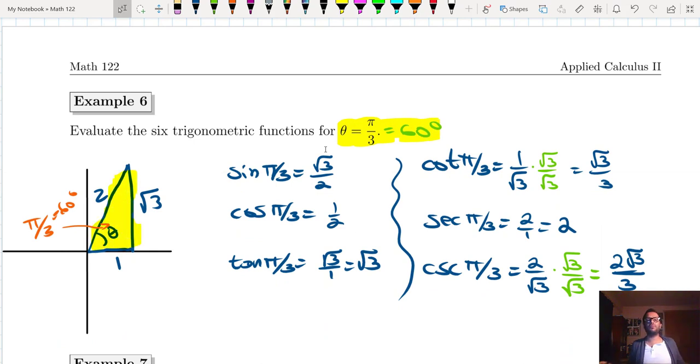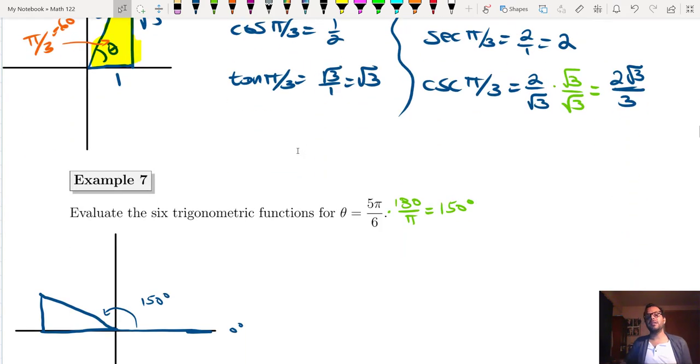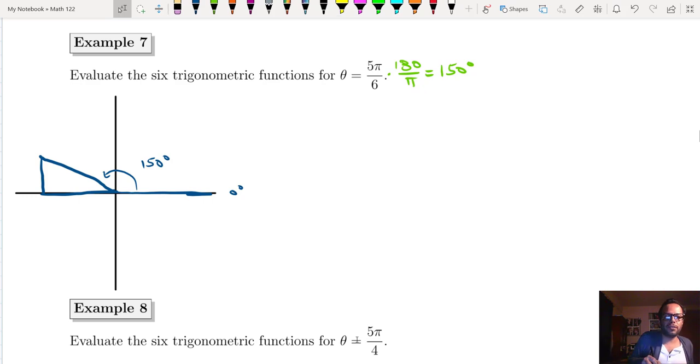So what happens if we wanted to evaluate trigonometric functions of other angles, like 5 pi over 6, like 7 pi over 4, and yes, we are going to do, but those angles won't lie on the first quadrant. So this is what we will have to do. We are going to draw the terminal side, and then draw a vertical line from the end point of the terminal side to the x-axis, and form a right triangle there.